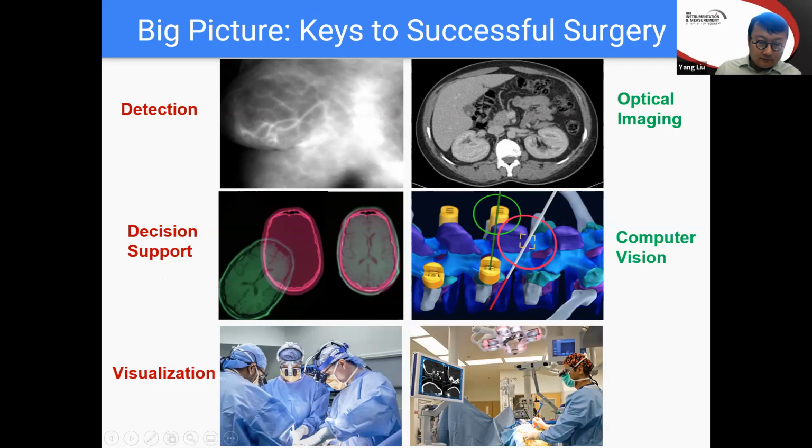Currently in the operating room, surgeons use two ways to enhance their visualization. The first way is to use something called surgical loupes, as shown on the left. Those are simple magnifiers, used to see a magnified view of the surgical field. On the right are monitors.